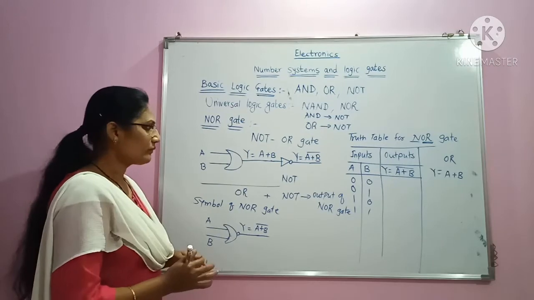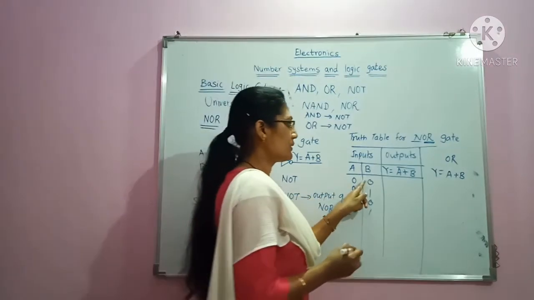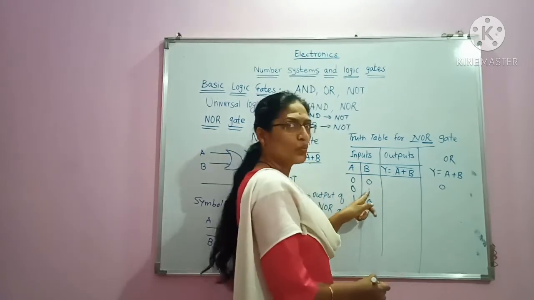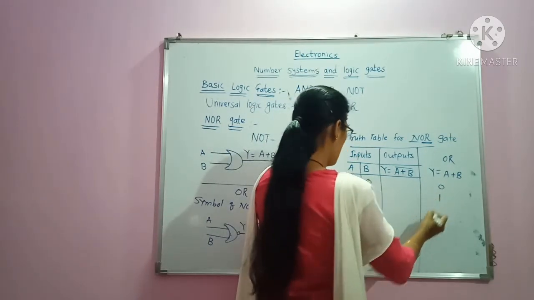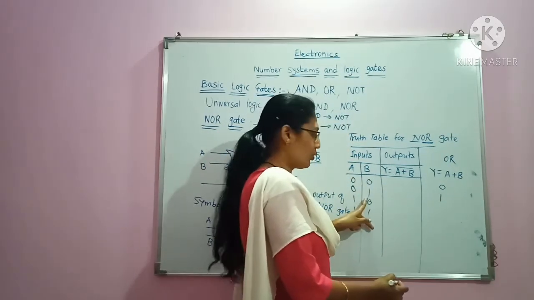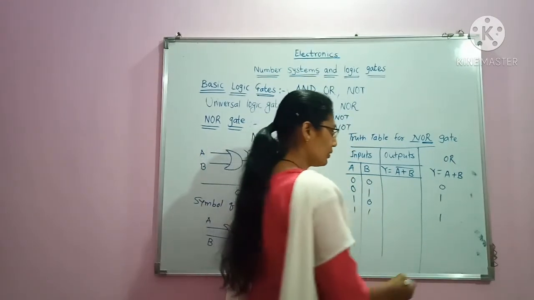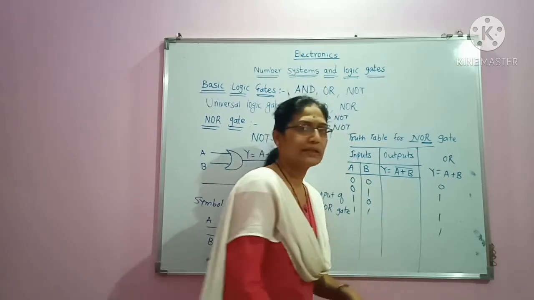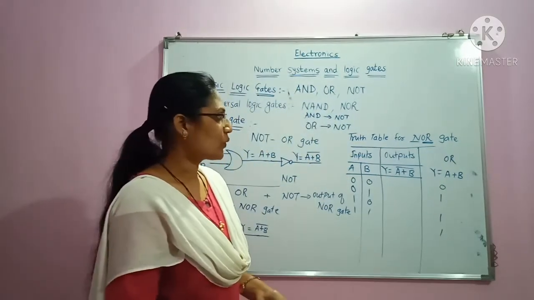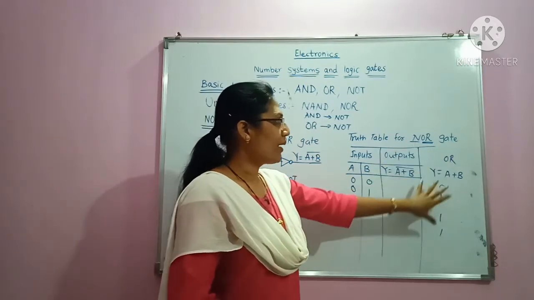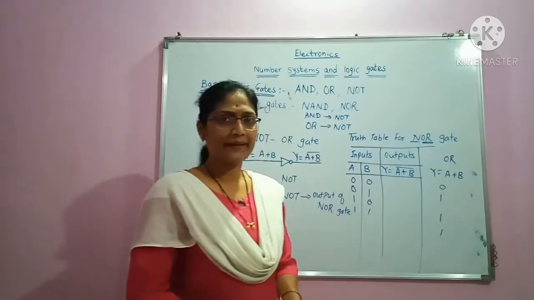So here 0 plus 0 gives me a 0, 0 plus 1 gives me a 1, 1 plus 0 gives me a 1, then 1 plus 1 gives me a logic high state, that is logic 1 state. This is not related to our actual NOR gate, but one should have this idea in mind.